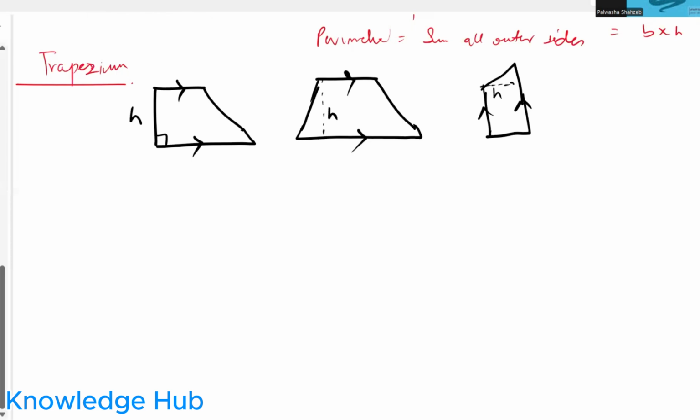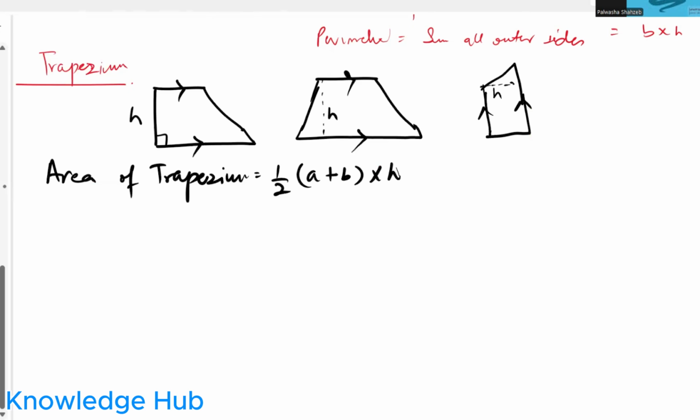Once you identify the parallel sides, it's very easy to find the area of a trapezium, that is half into the sum of parallel sides into height. These are the two parallel sides, A and B, right?